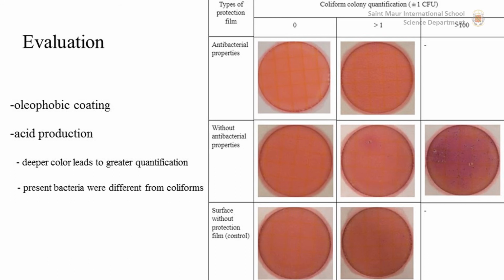Also, these petrifilms, in order to form colonies, need to produce acid. And so a deeper color will lead to a greater quantification.